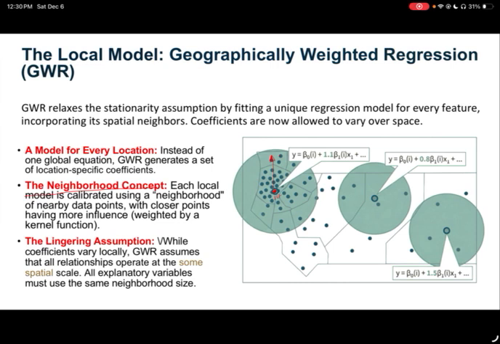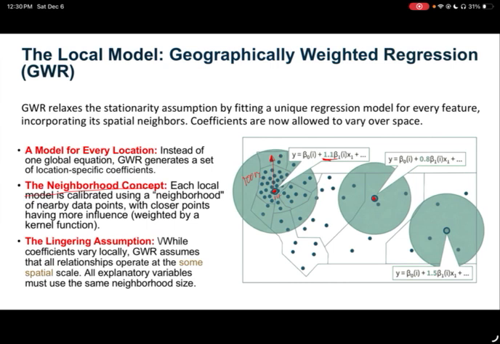They will set a specific distance, for example 100 meters from this data point to the nearby points, and this is, for example, the buffer. They will include all data within the buffer in the regression, and they will get specific coefficients. They do the same thing for the other samples or features.